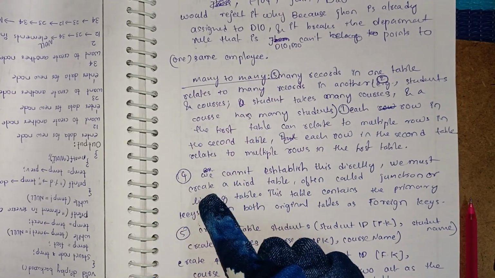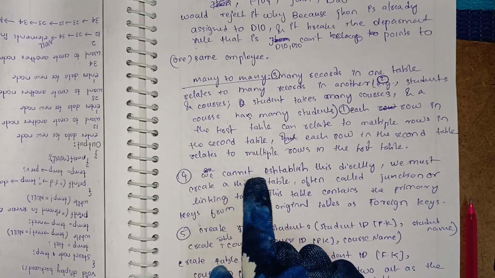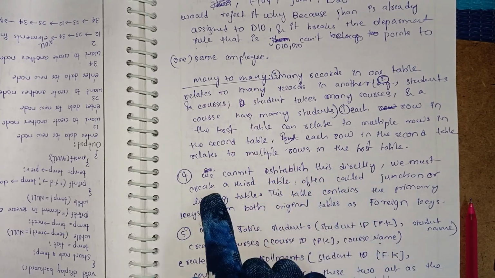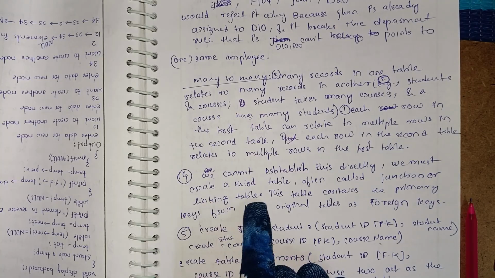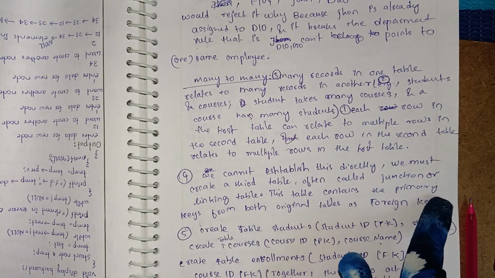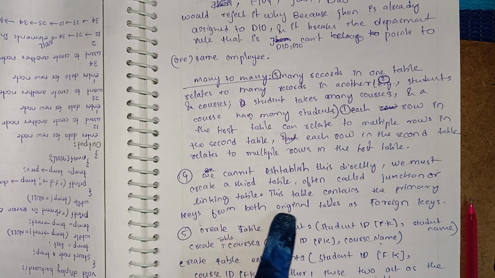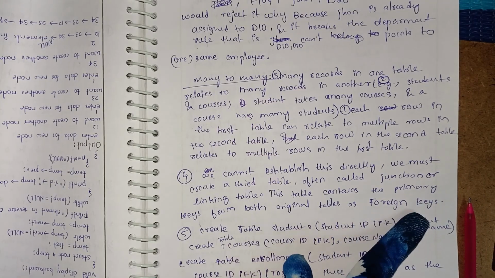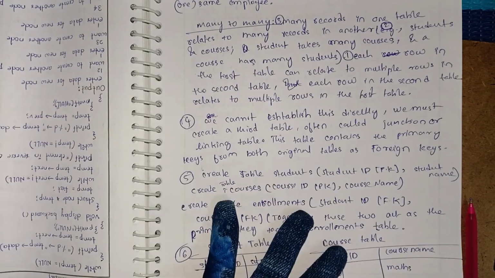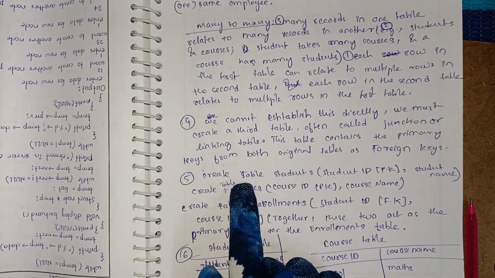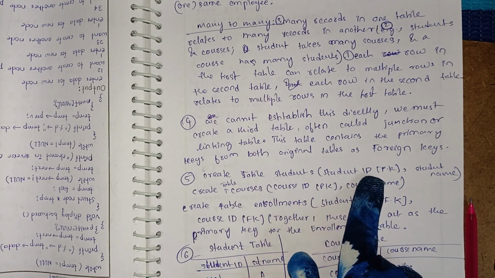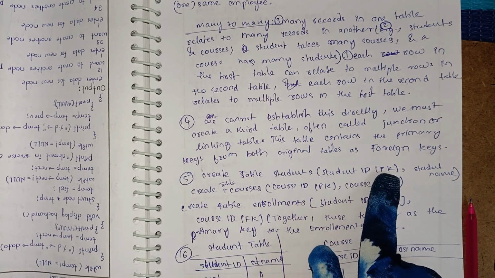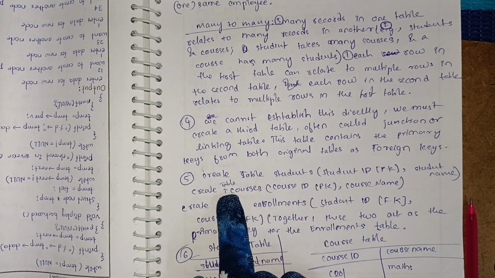And then, we can't establish this directly. We must create a third table, often called a junction or linking table. This table contains the primary keys from both original tables as foreign keys. By example we can understand it. Create table students, with student ID column as primary key and student name.